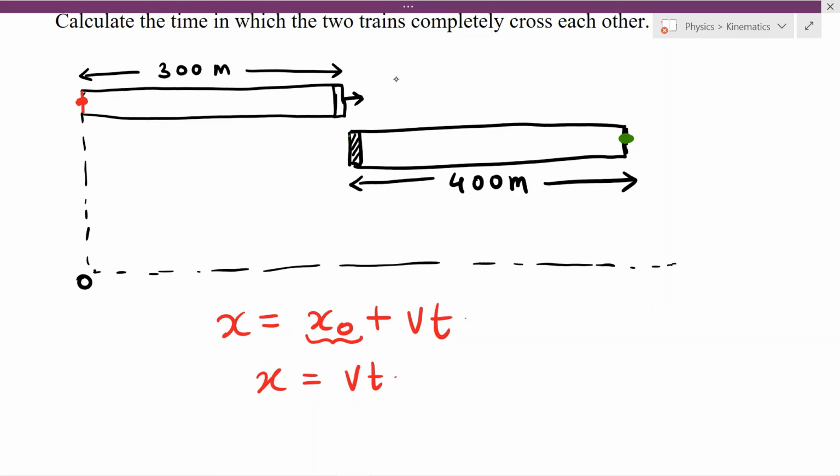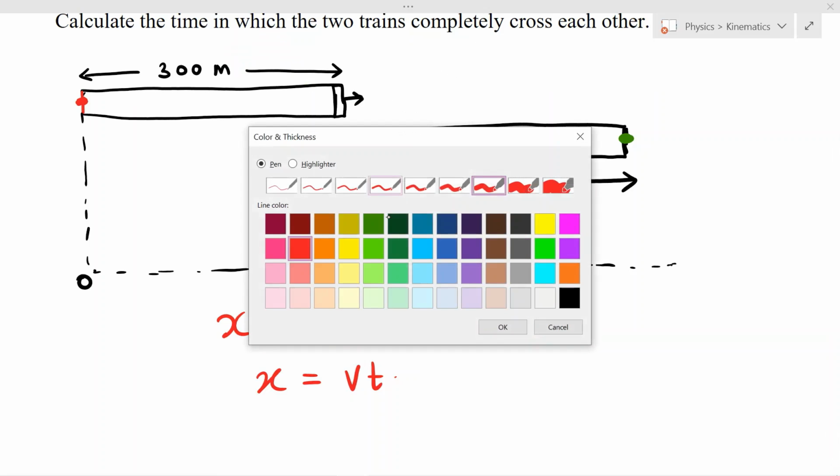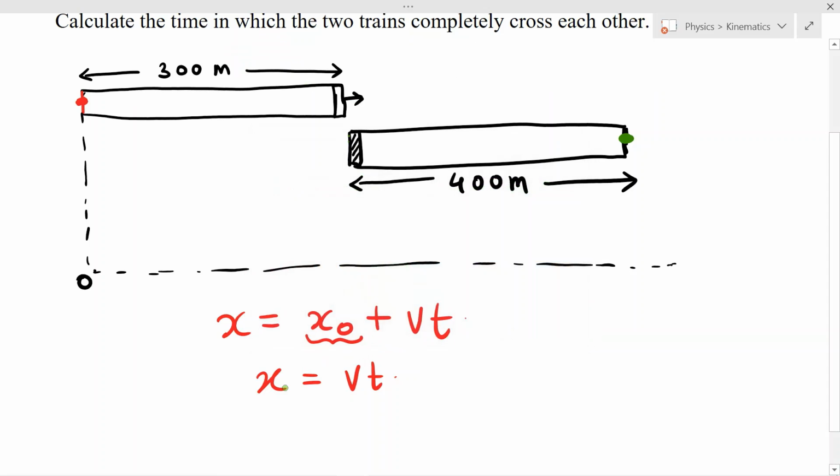For the green one, let me write the equation. What will be the equation? X again will be equal to, now x0 is this distance. X0 is 700 meter, because that is the point where this green color is at time t equal to 0.